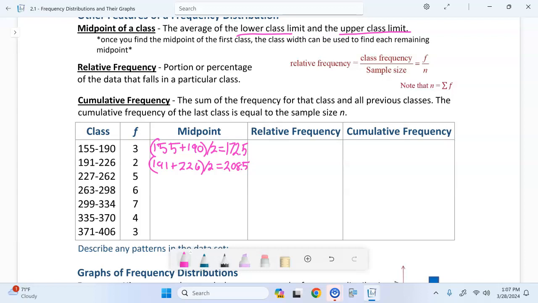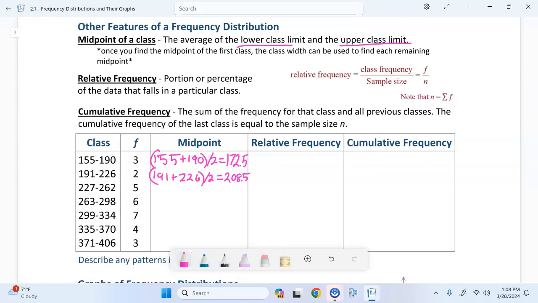Yep, 36. What is 36? It's the class width. So the difference between subsequent midpoints is also the same as the class width.